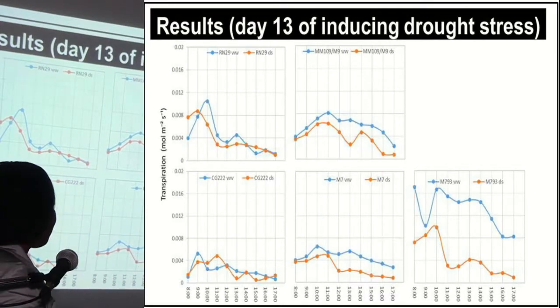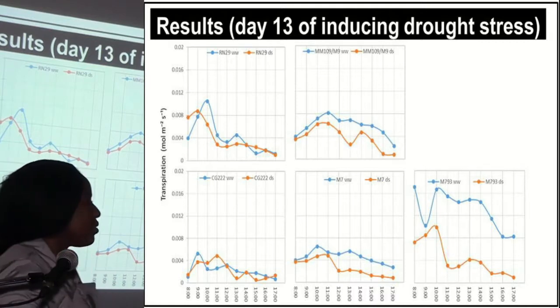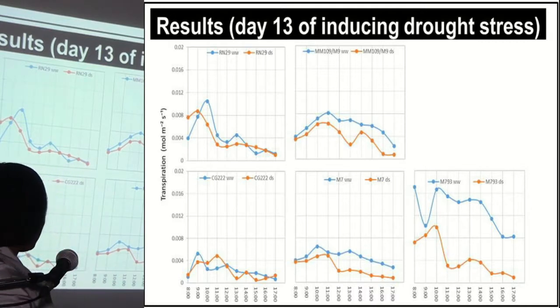On day 13 of inducing drought stress, that's when we saw the greatest difference between the well-watered trees and the drought-stressed trees. In general, the highest transpiration rate was observed with M793, whilst the lowest was observed with CG222, which is a relatively low vigor rootstock compared to M793.